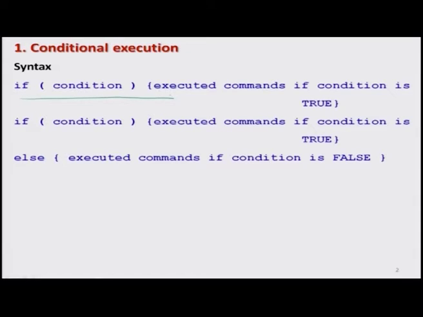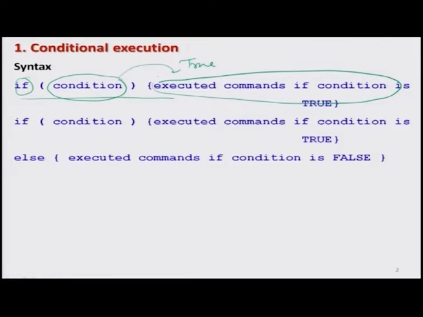The rule was very simple. You have to simply write if, and then whatever condition you want to check inside the bracket, and if this condition is true, then all the statements you are writing here will be executed. And if this condition is not satisfied, then you can put another condition.